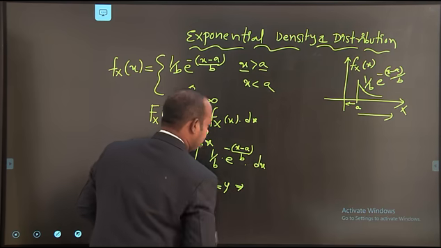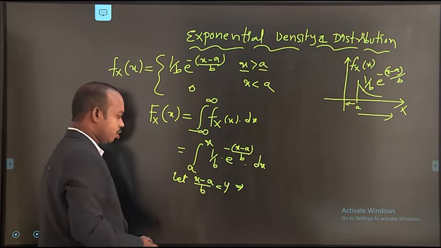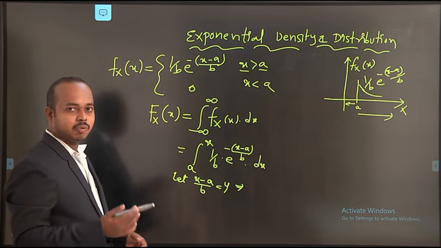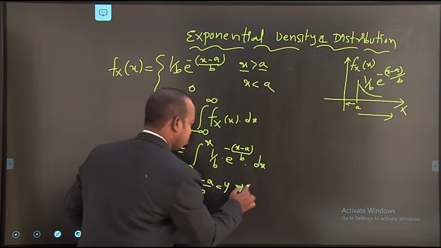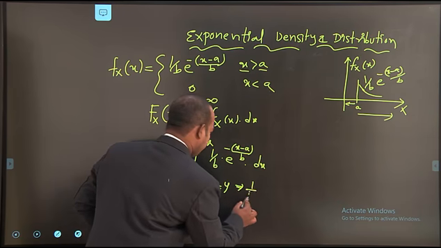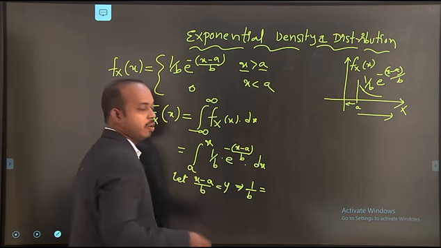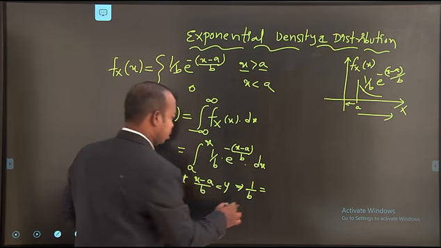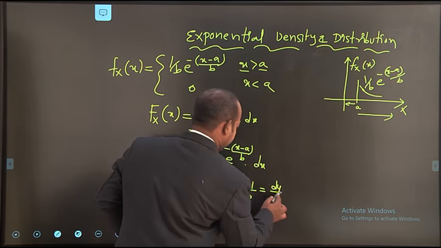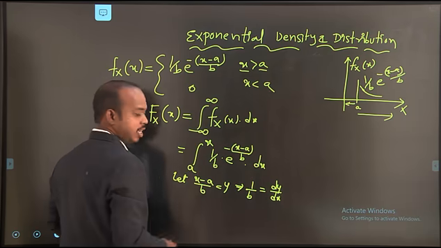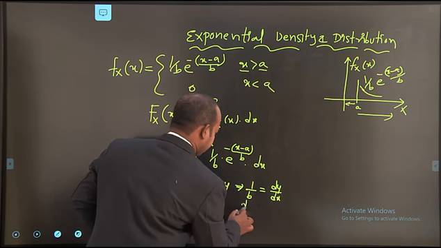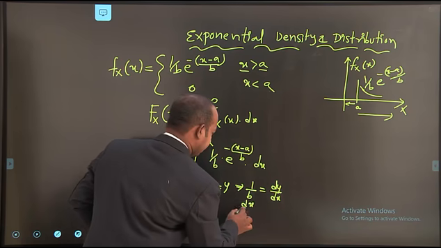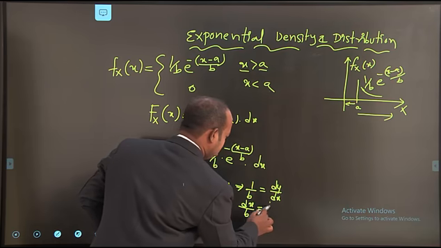Here the only variable is x, so the equation changes to 1 by b is equal to dy by dx. From this relation, moving dx to the left-hand side, we can write dx divided by b is equal to dy.